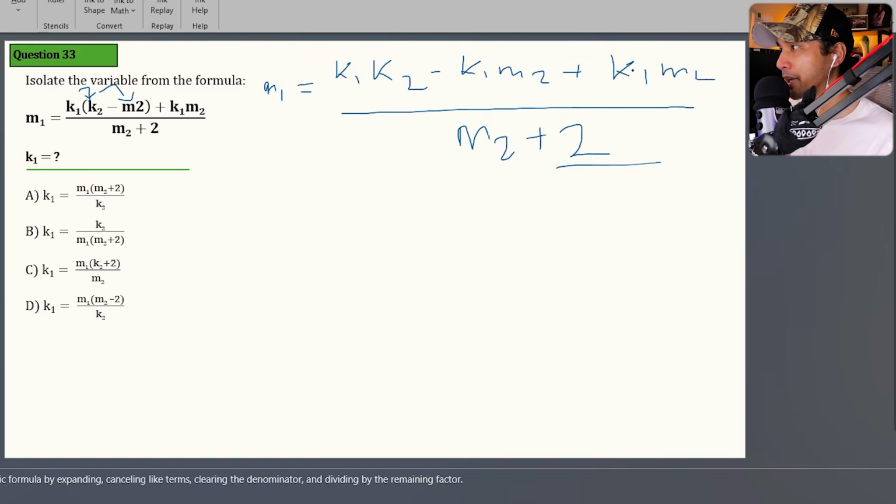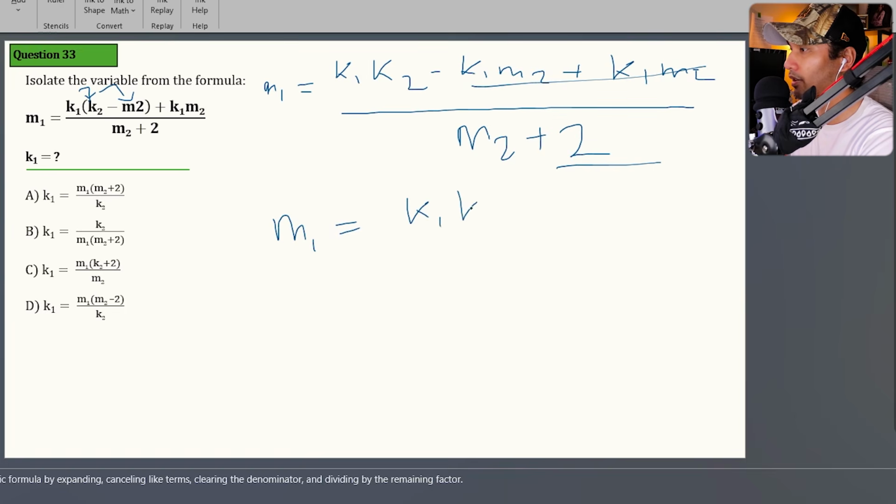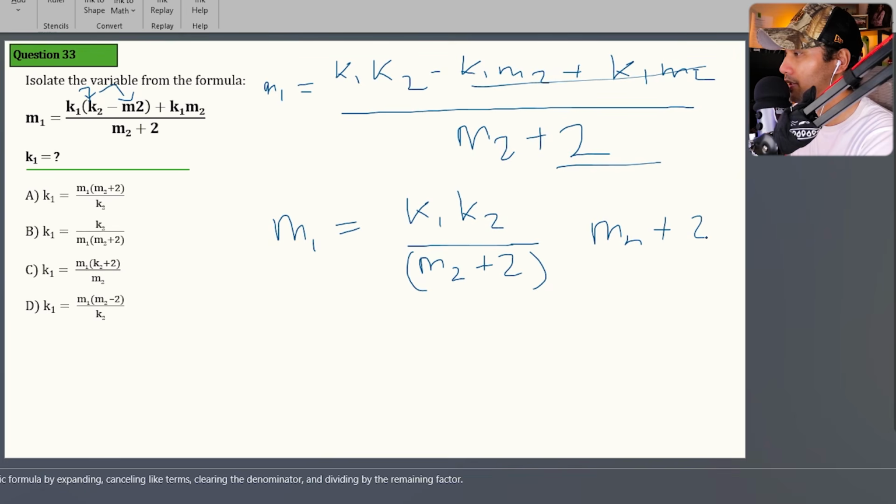Okay? So from here, can we cancel anything out? Yes, we can. We could cancel these two out. So we have m1 equals k1 k2 over m2 plus 2. And then we want this k1. So what we're going to do is multiply by m2 plus 2 to cancel out.